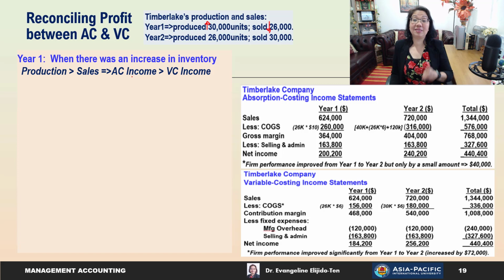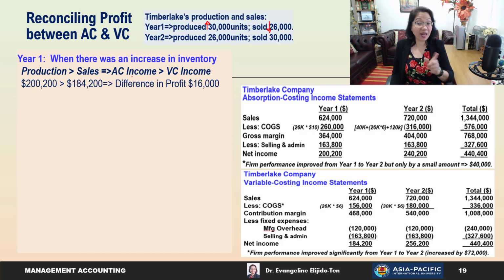Why? Because there is an increase in inventory. All right, and you can see that in year 1, absorption costing has 200,200 profit, whilst variable costing only has 184,200. There is a difference of $16,000.